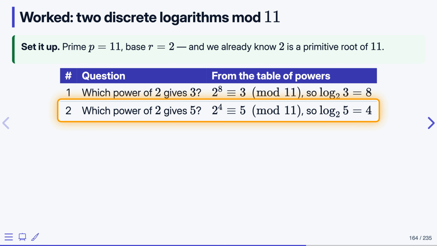Question 2. Which power of 2 gives 5? 2 to the 4th is 5 mod 11, so the discrete logarithm of 5 to the base 2 is 4. Notice how we answered by reading a table. That is the honest way, and it is also the problem.